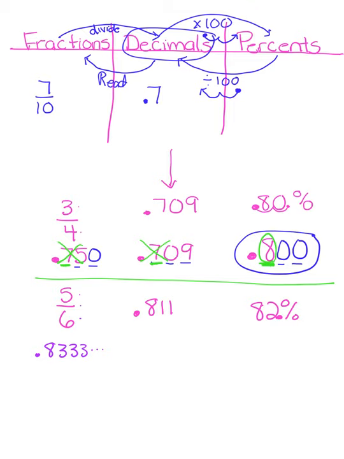It's a repeating decimal. For the next one, let's just jot down 0.811 or 811 thousandths. And for our percentage, let's move the decimal 2 places to the right. And we know that's 82 hundredths.